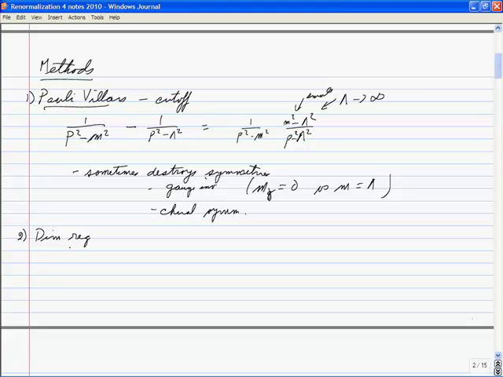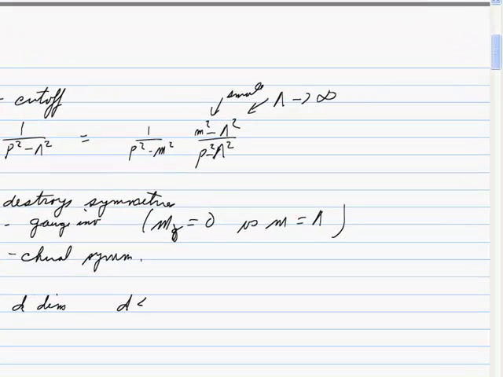This takes 4 dimensions and moves it to d dimensions, and d is then thought to be less than 4.